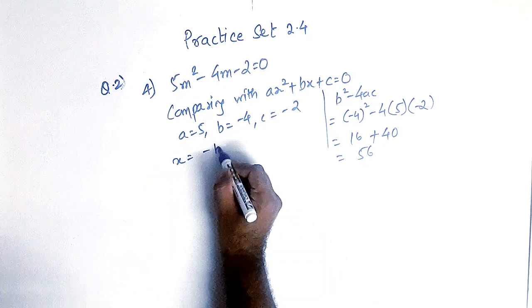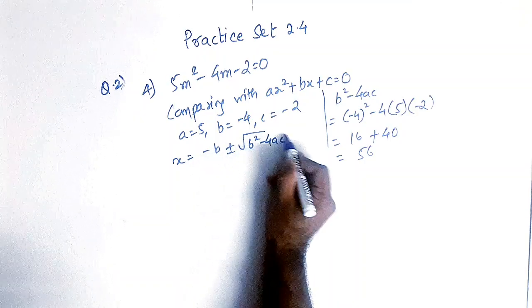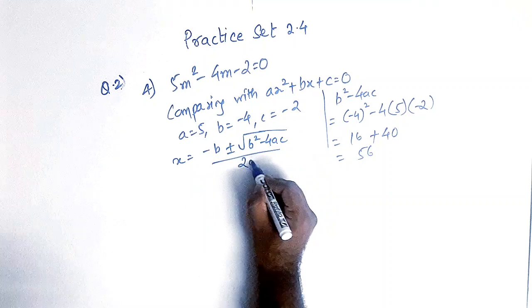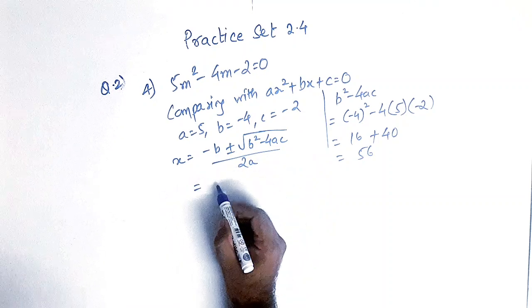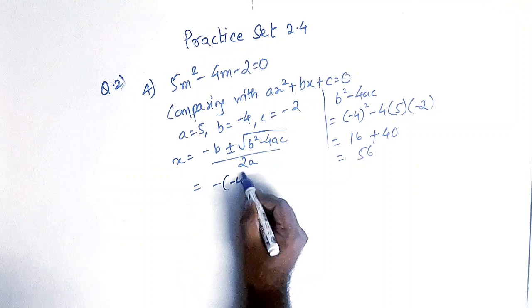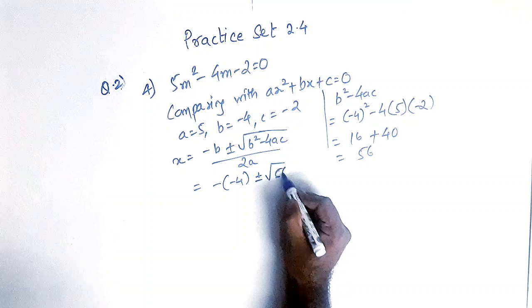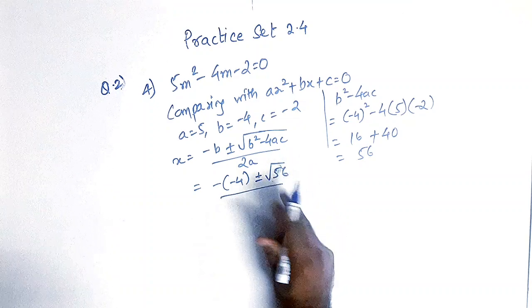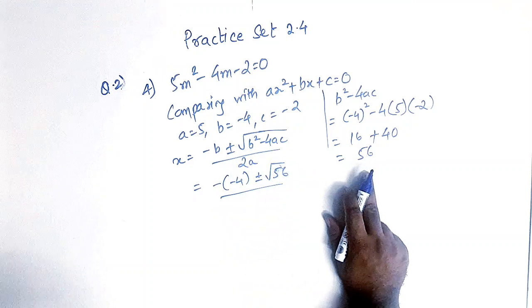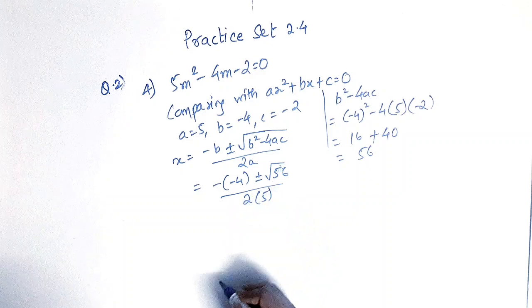Now let us write the formula. You know x is equal to minus b plus or minus under root b square minus 4ac by 2a. Now minus b is minus of minus 4 plus or minus, this is 56. We found it here, value of b square minus 4ac upon 2a. 2a is 5.